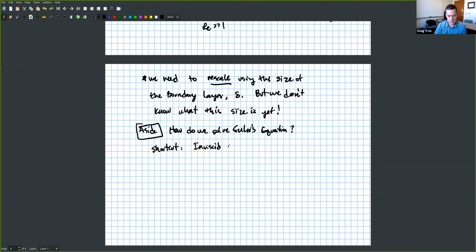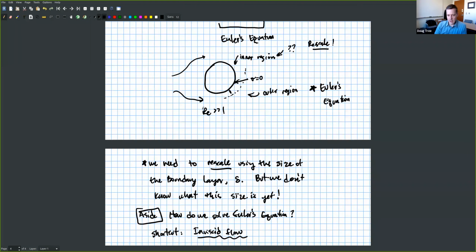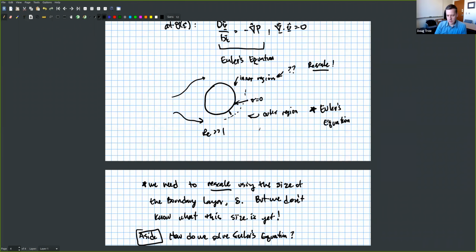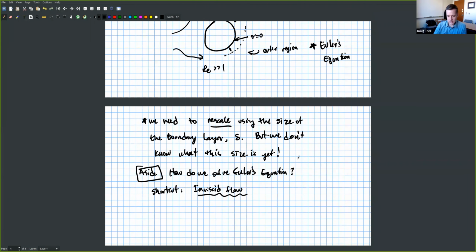And I always thought this was really counterintuitive, and it took me until I taught fluids to really understand why people care about this. So it turns out that if you're in this outer region out here, there's no viscosity. And it turns out that viscous forces generate what's called vorticity.